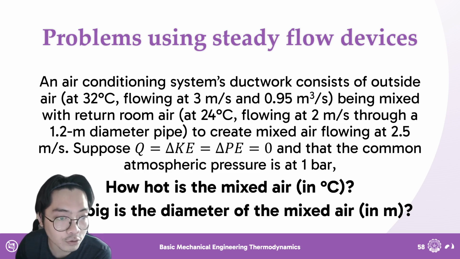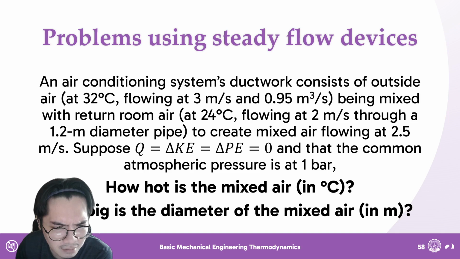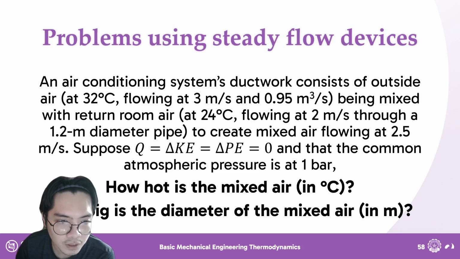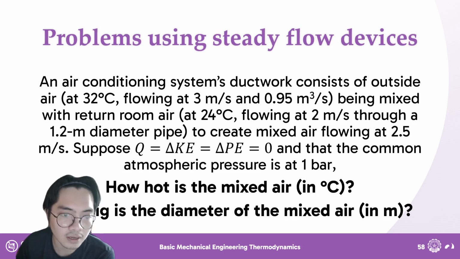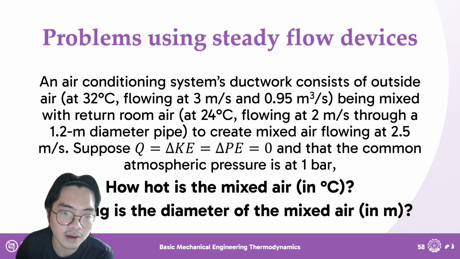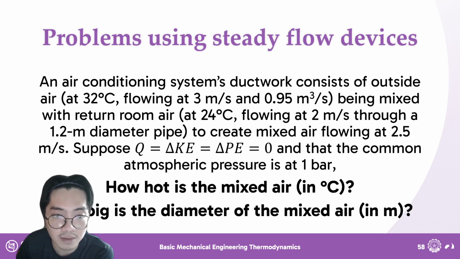Is that right? To create mixed air flowing at 2.5 meters per second. Suppose that Q, kinetic energy, and potential energy are zero, and that the common atmospheric pressure is at 1 bar. How hot is the mixed air, and how big is the diameter of the mixed air?